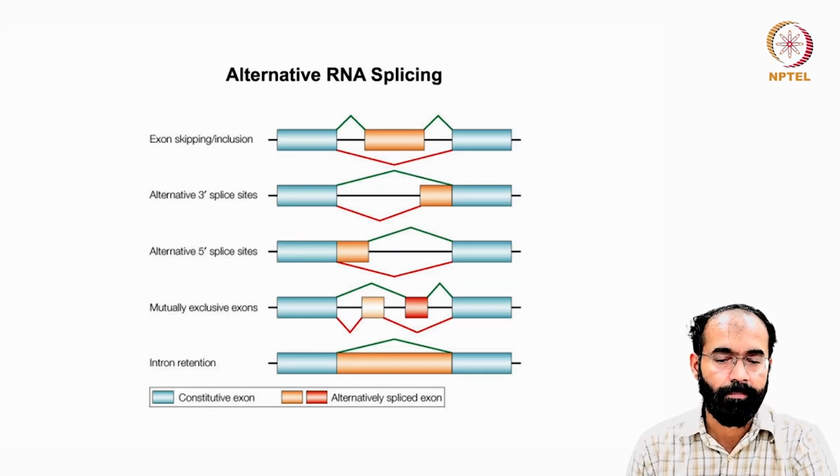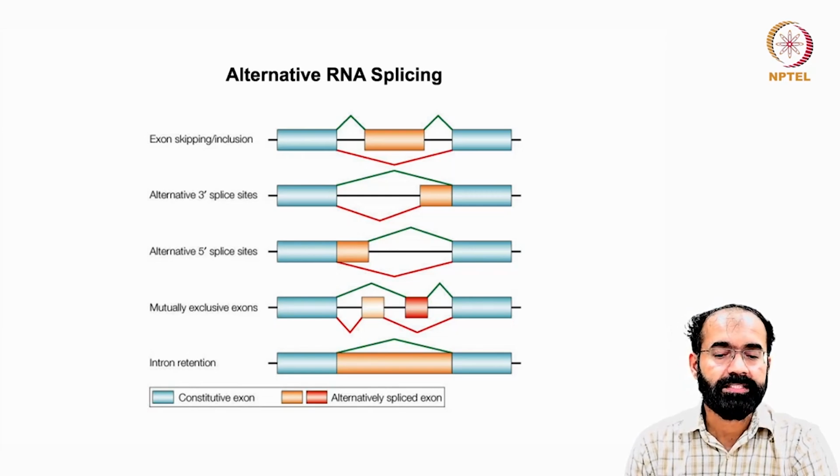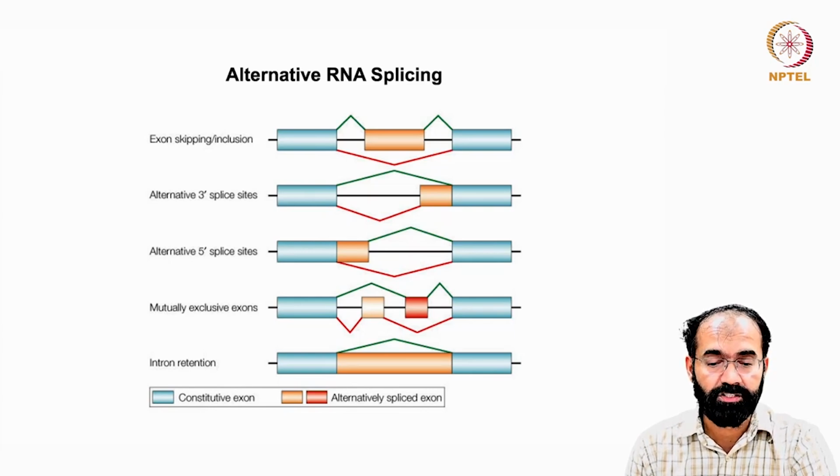This is one way. Another example is the alternative 3' splice site. That means it can make use of a particular splice site or not. If the exon after the branch point has done the first transesterification reaction of the splicing, then the free exon should decide whether it should pair here, second transesterification reaction, or here.